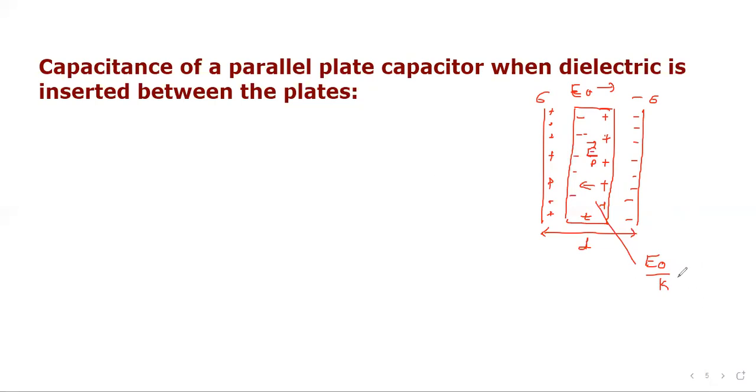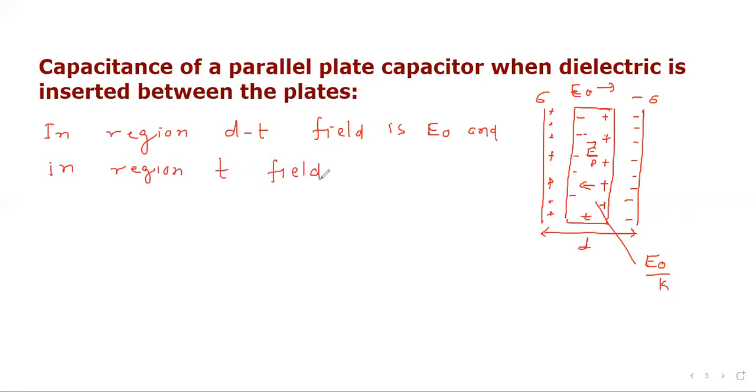So let's write it as E0 upon K. Now we can say that in a region D minus T, the field is E0, whereas in region T, field is E0 upon K.